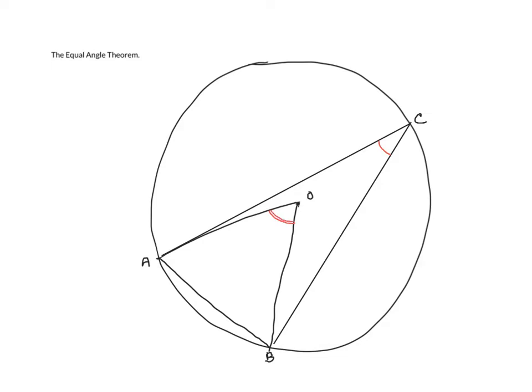So if we call this angle little c, the angle at the center here will always be 2c, twice as big. And that remains true wherever we draw C, provided it's on the same side of the chord AB.